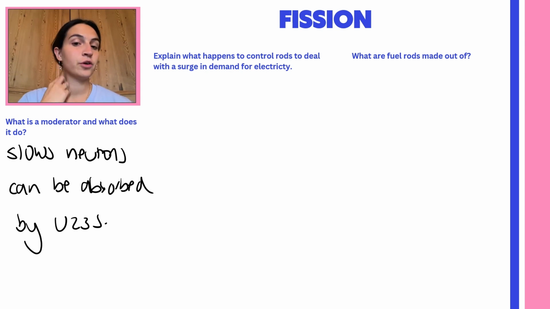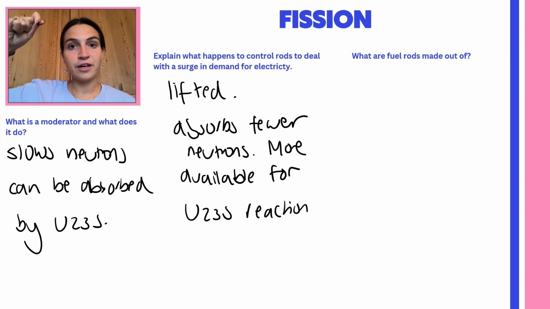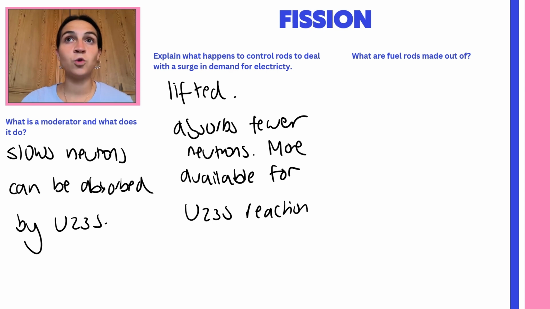Explain what happens to control rods to deal with a surge in demand for electricity. So if there were a surge in demand, I need more energy per second to be released in these reactions. So I would lift my control rods up. Remember, my control rods' job is to absorb neutrons from the reactor, because by absorbing neutrons, they get rid of neutrons that can set off more reactions.